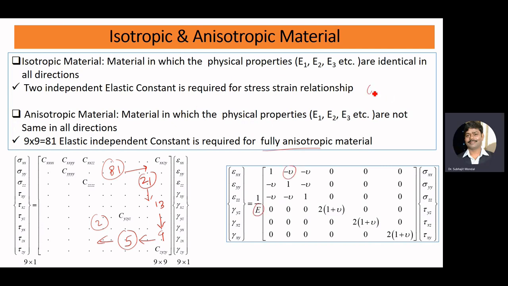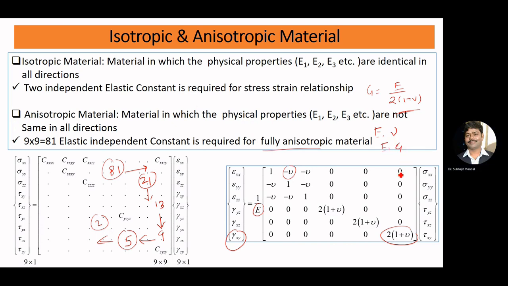We also know that G is equal to E by 2 into 1 plus mu. So if we correlate this, we find 2 independent elastic constants for an isotropic material, that can be Young modulus and Poisson ratio, or Young modulus and the shear modulus.